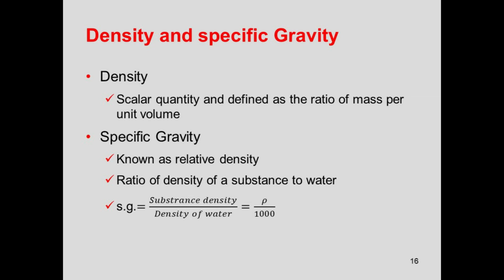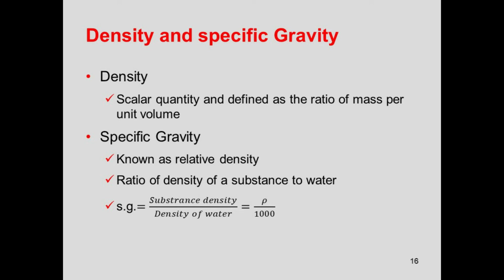Before continuing, let's recap some information about density and specific gravity. Density is a scalar quantity defined as the ratio of mass per unit volume, and normally we use the symbol rho for density, and rho equal to m over v.